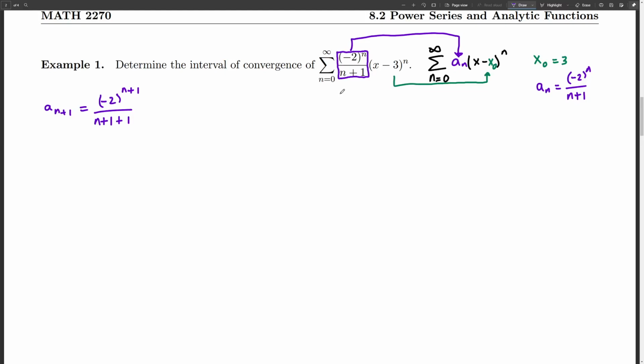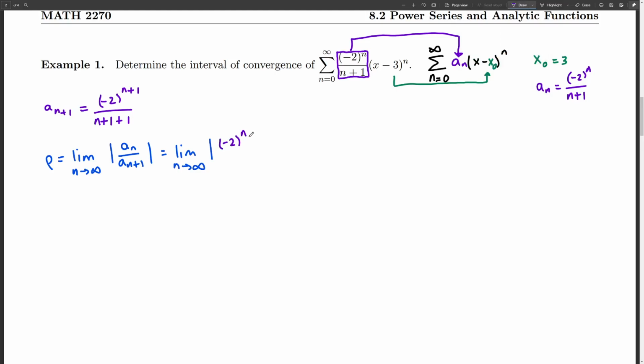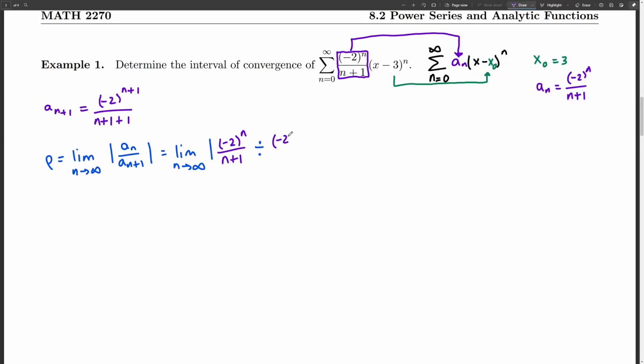So now let's take a look at what rho, the radius of convergence, is. It is the limit as n goes to infinity of a sub n over a sub n plus 1, which I can write as the limit of -2 to the power n over n plus 1, divided by -2 to the power n plus 1 over n plus 2.